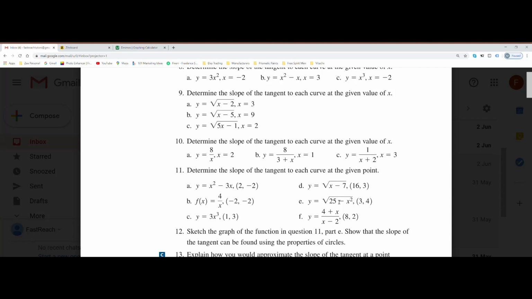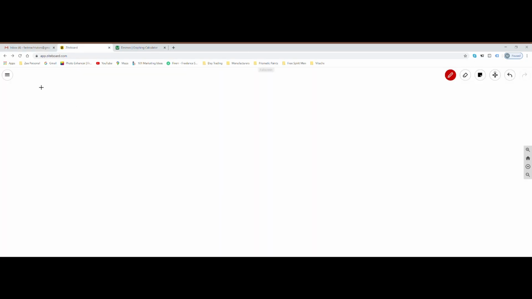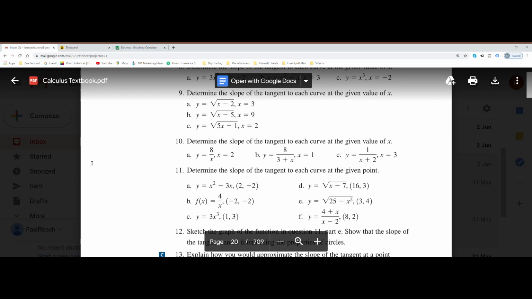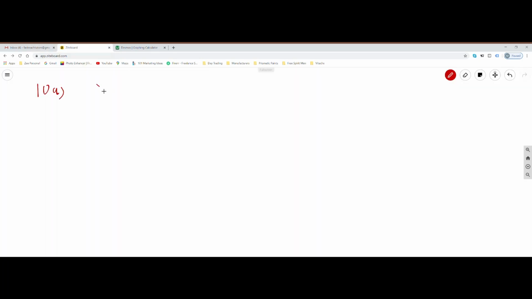Okay, so 10a. We have y equals 8 over x. So, oops, this should be x. x equals 2, y equals 4.